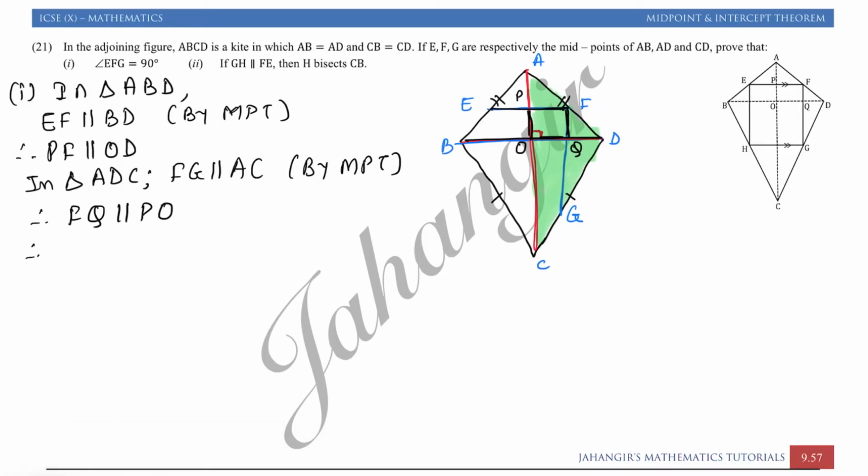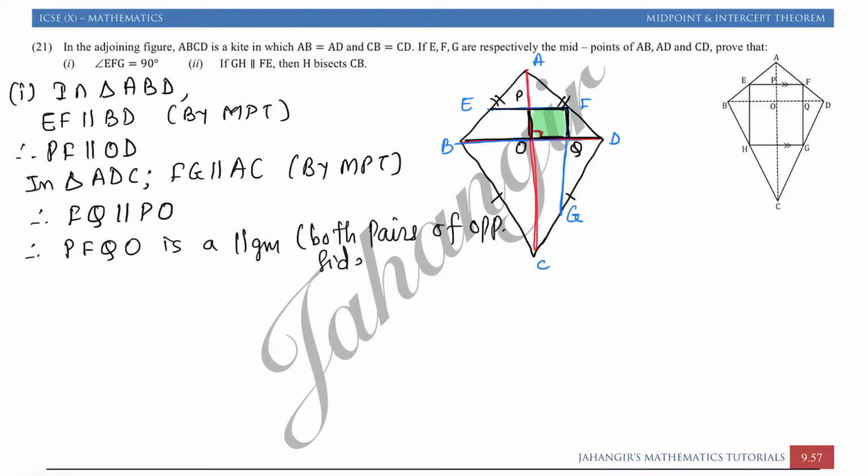So therefore this small quadrilateral is a parallelogram. Both pairs of opposite sides are parallel. So therefore PFQO is a parallelogram.